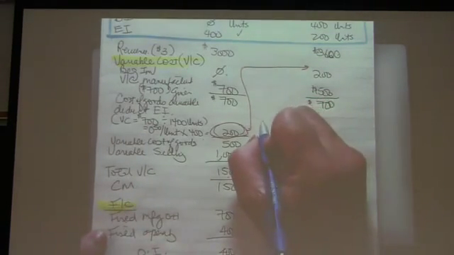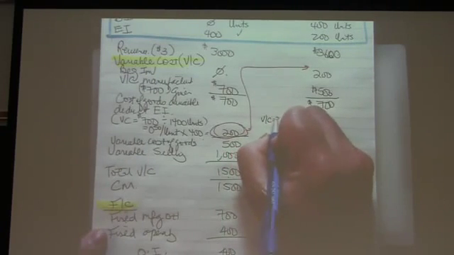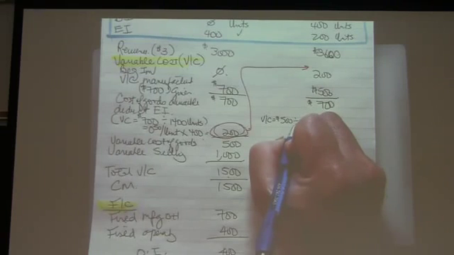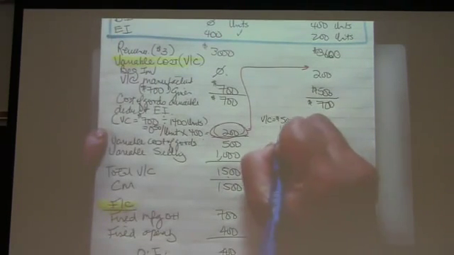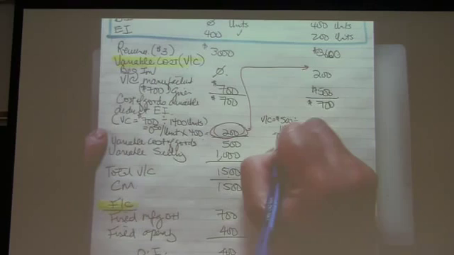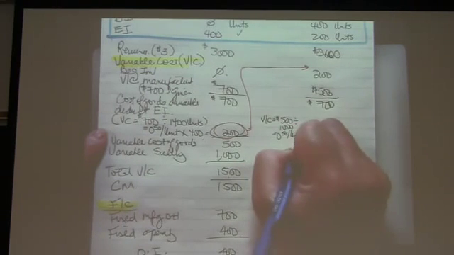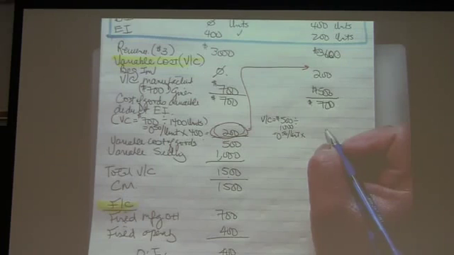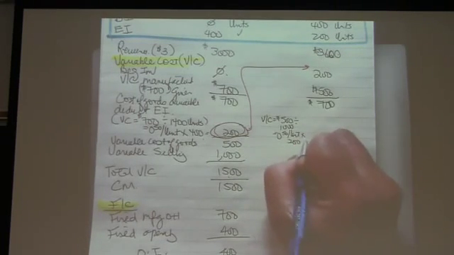For year 2, the variable cost is 500. We're going to divide it by the number of units. Production is 1,000 to give us 50 cents per unit, times how many units are sitting in ending inventory. Well, we know there's 200 units, right?